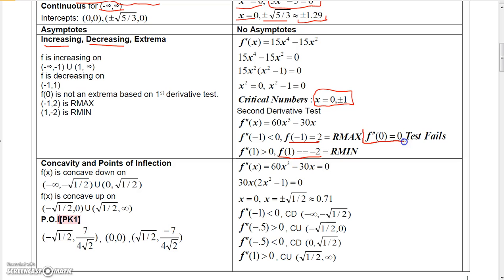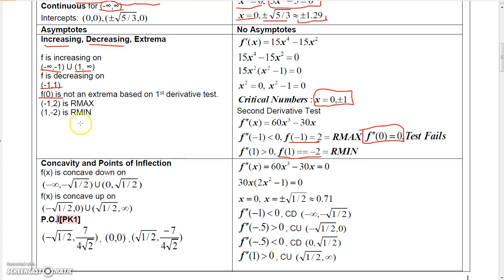The second derivative test fails at 0. But if you do the first derivative test, you'll find that you don't get an extrema at that point. Now, if you test your intervals, which I didn't do here, but you know how to do that, around negative 1 and 1, you'll find that the function's increasing on negative infinity to negative 1 and on 1 to infinity, and the function is decreasing from negative 1 to 1.